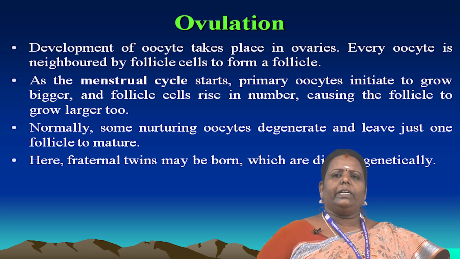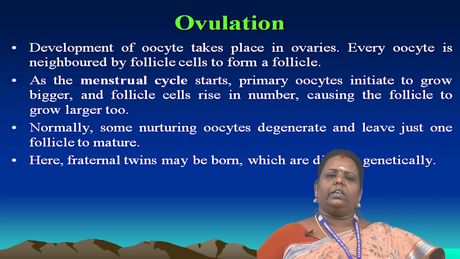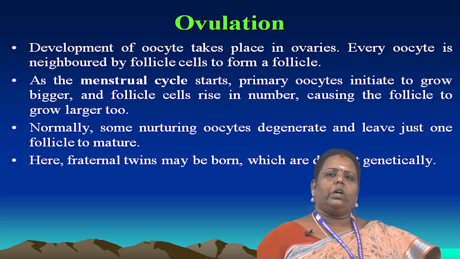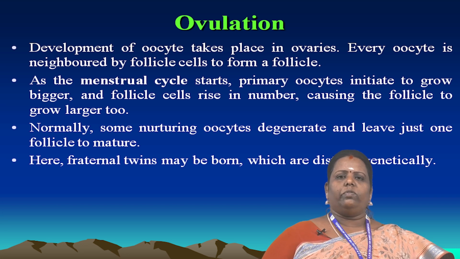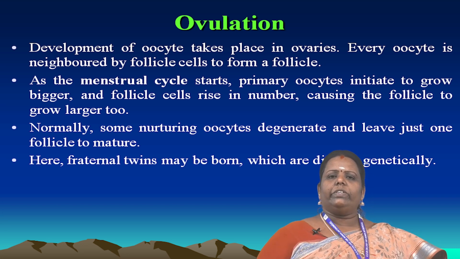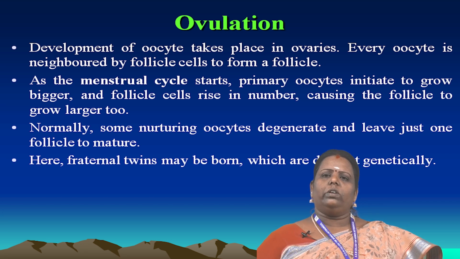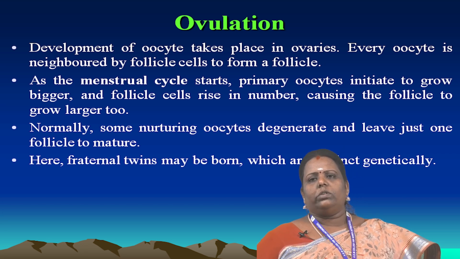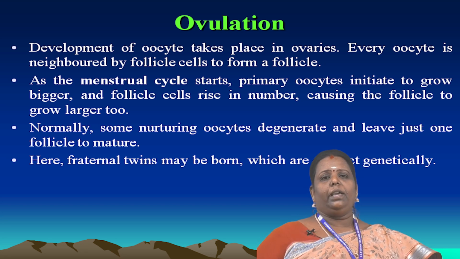Here, cell divisions occur after the normal fusion of the egg and the sperm. The cell divides into 2 cells, 4 cells, 8 cells. The division of the egg is varied. If the 2 cells do not divide normally and instead divide into 4 cells, twins may be born.